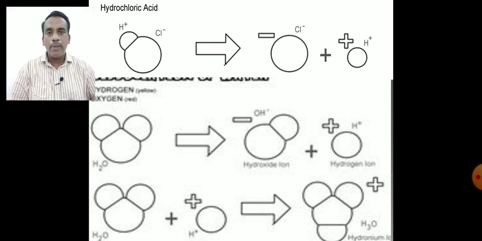So it also acts like an acid in normal conditions. But what happens when you dissolve HCl in water? The H plus ions released by the hydrochloric acid will be gained by the H2O molecule to form a 4-atom ionic species, that is H3O plus.